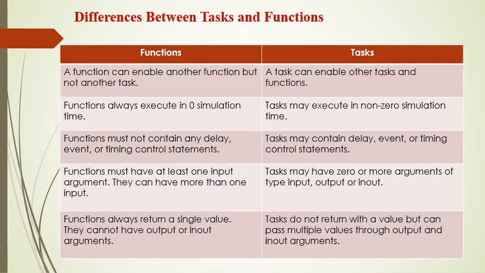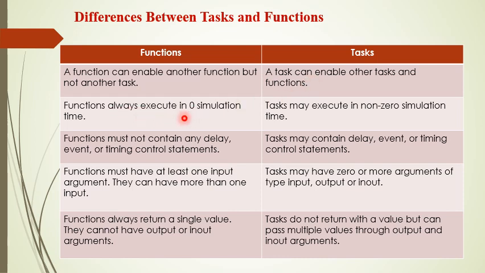Before we go into the details of what tasks and functions are, we need to know a few differences between the two. Here a few differences are listed. A function can enable another function but not another task. This means a function can call another function inside it but not another task, whereas a task can call other tasks as well as other functions.